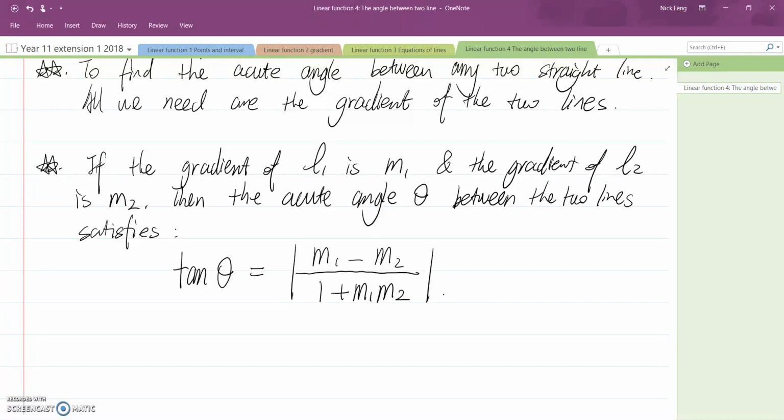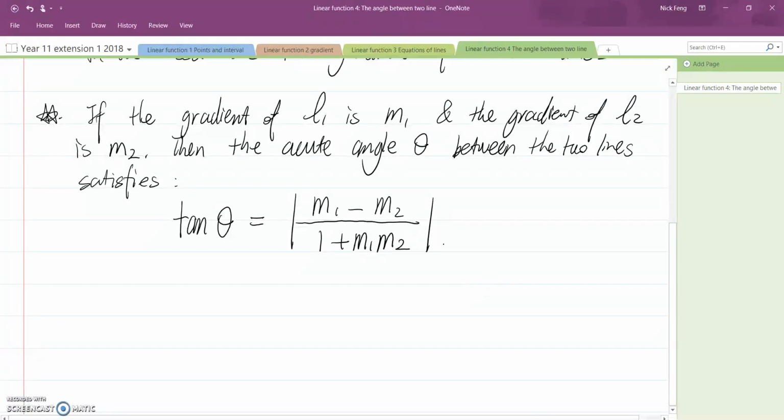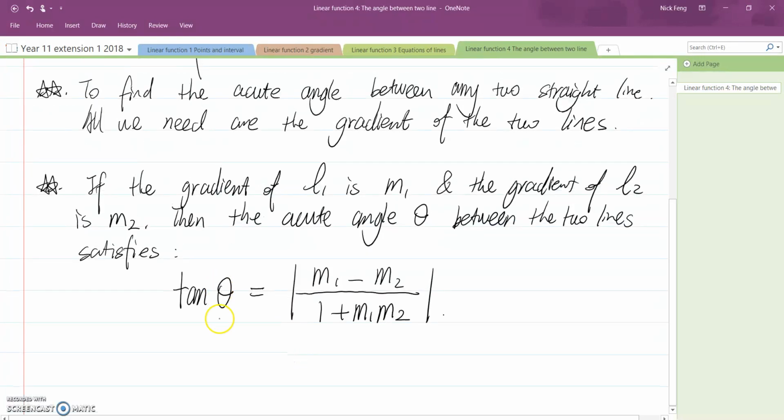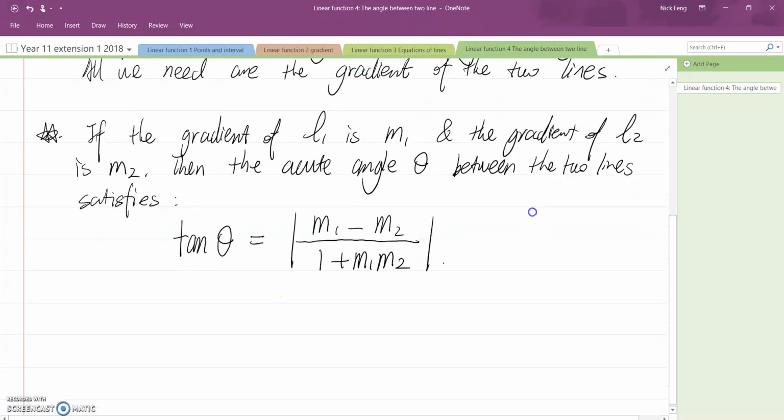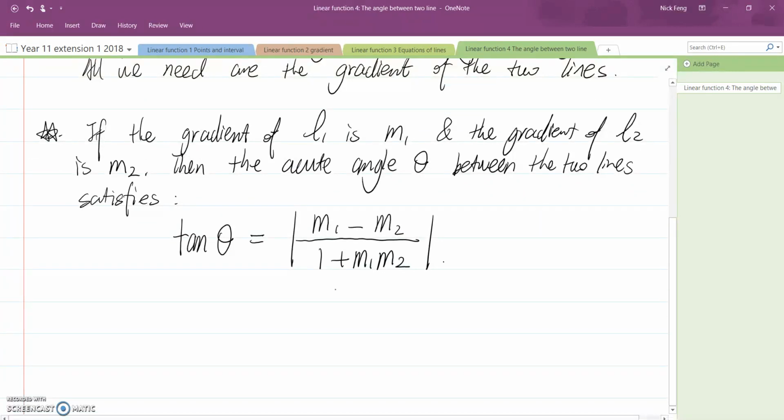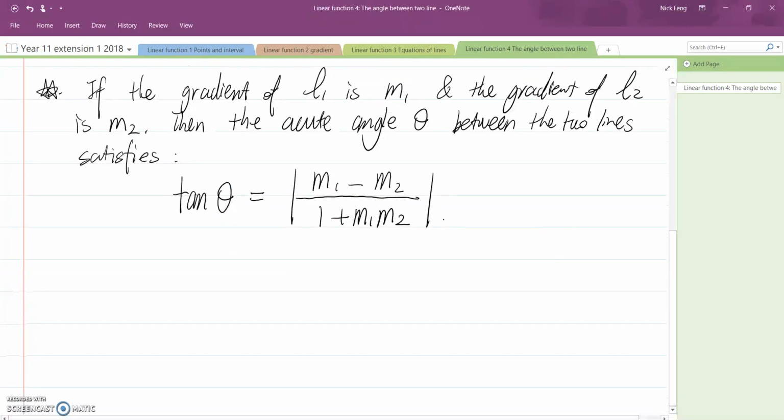If the gradient of the first line is m1 and the gradient of the second line is m2, then the tangent value of the angle between the two lines would be the absolute value of such a thing. Why absolute value? Because we want to make sure this angle is always less than 90 degrees, because the tan value of an angle less than 90 degrees is positive. So let's take a look at how we can actually use this quickly.